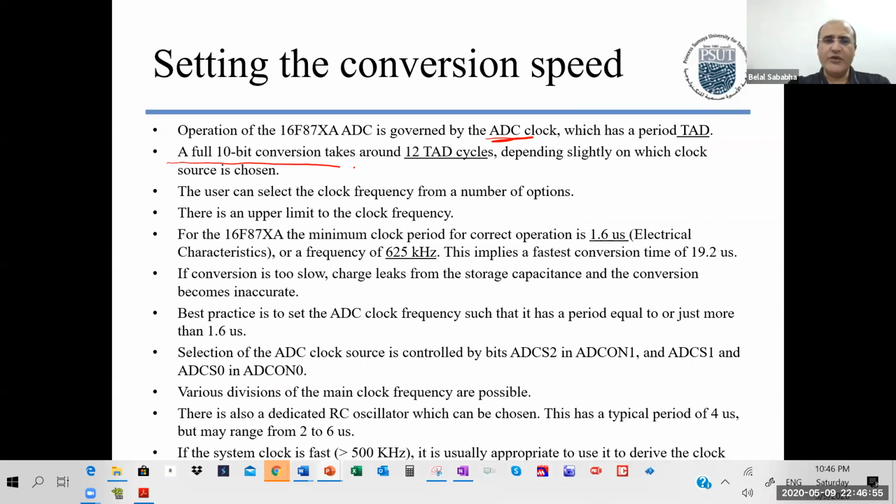For a full 10-bit conversion, we need time that is equivalent to 12 time periods of this clock. Okay?